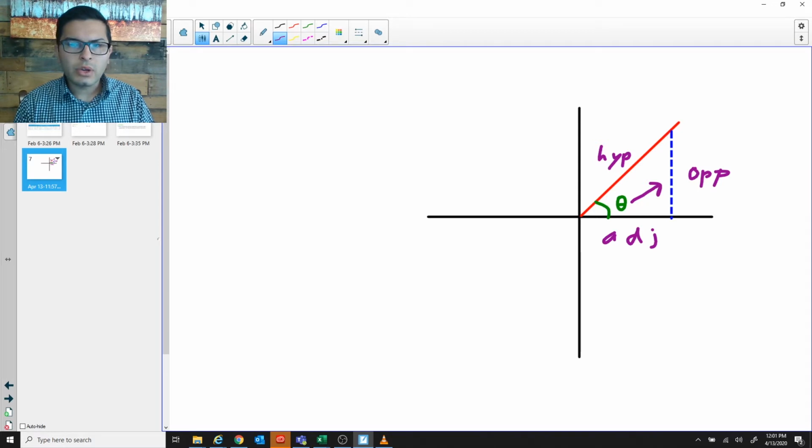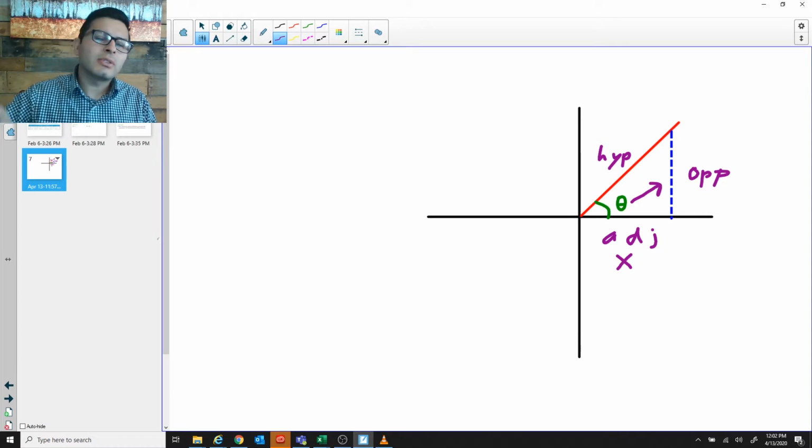Let's look at our adjacent side. What can also be represented by this adjacent side? Well, instead of saying adjacent, that lies on the x-axis. So I'm going to say x. Instead of saying adjacent, we're going to say x. Now, what about that opposite side? Well, the adjacent is running along the x-axis. The opposite side is going up and down, which sounds like the y-axis to me.